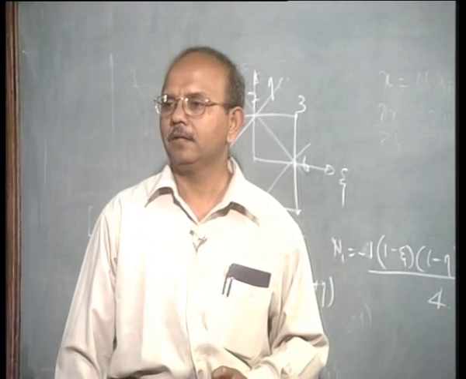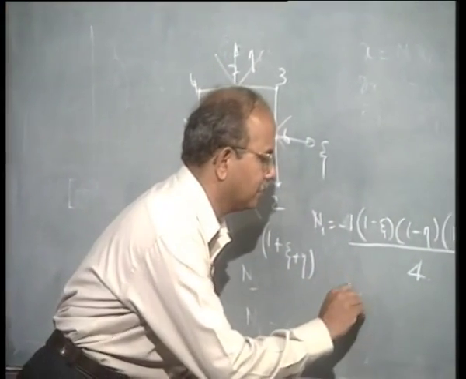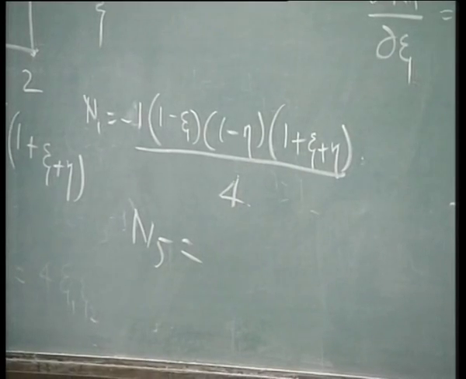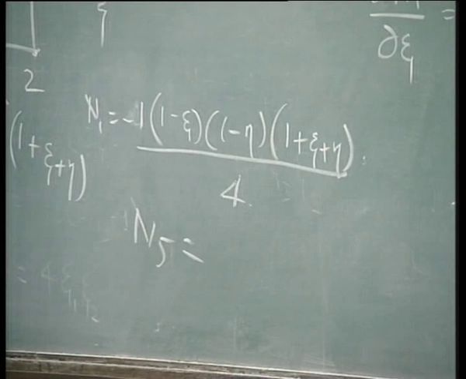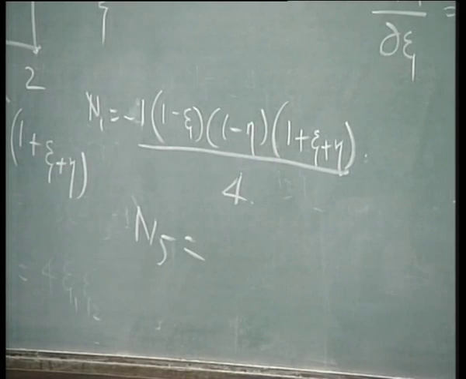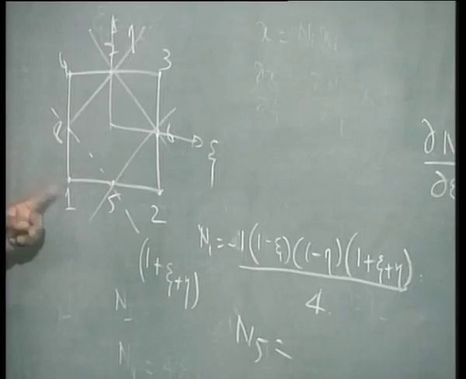Now let us see how I am going to write down n5. Any questions? 2, 3, 4 is clear. n5. How am I going to now write down n5? Yeah, note this n5. Come again. Three lines.